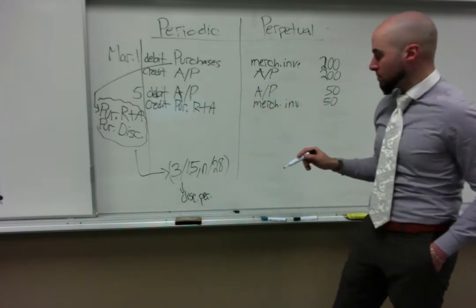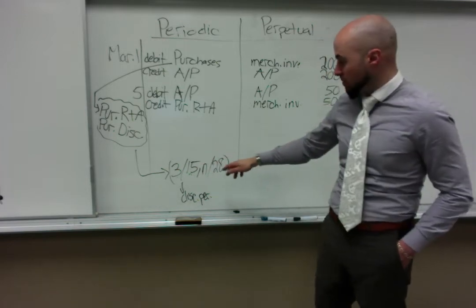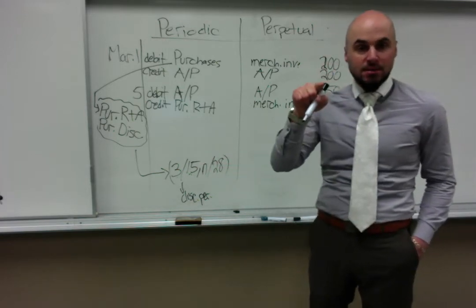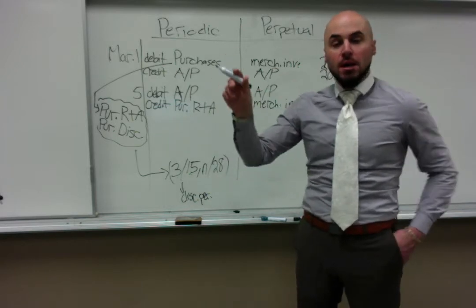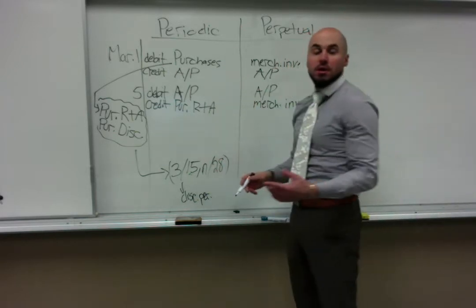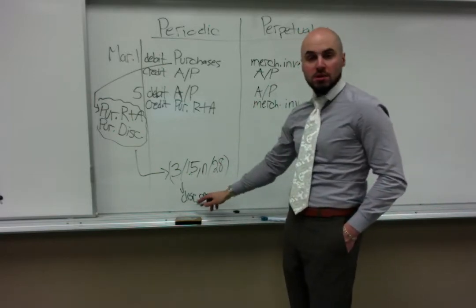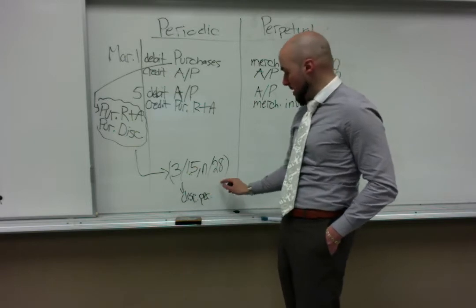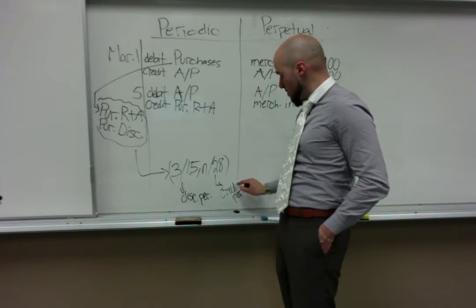Okay? The N28 portion of these payment terms means net. The N is net 28, meaning 28 days, and that half of it represents the credit period. Okay, so discount period, and then the 28 is your credit period. Okay?